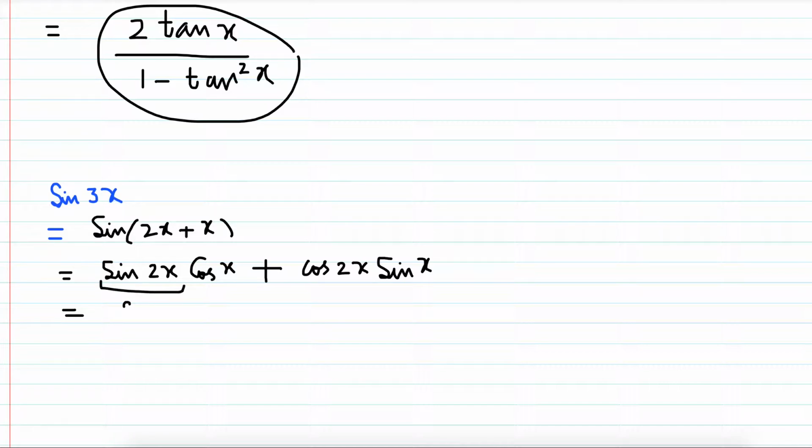So sin 2x we can write as 2 sin x cos x, this term, and then the remaining cos x.